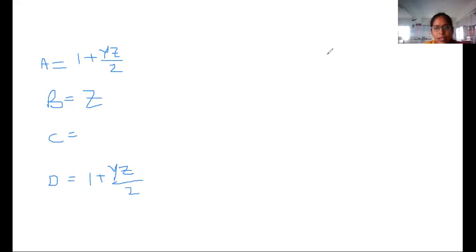See here, we can get the value a equal to 1 plus yz by 2 and b equal to z, c equal to, d equal to, the d value is also equal to the a value, that is 1 plus yz by 2, and the c value is y plus y square into z by 2.